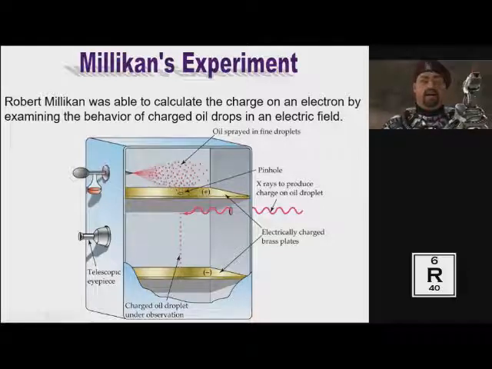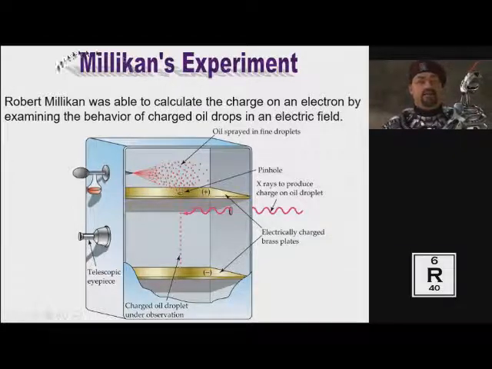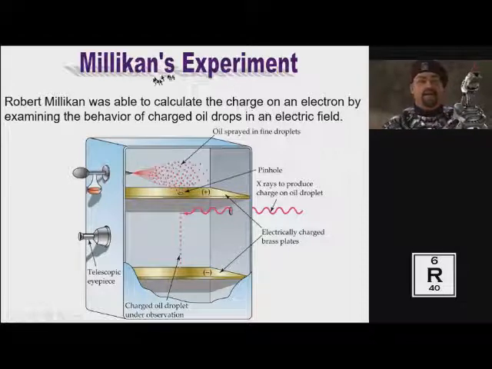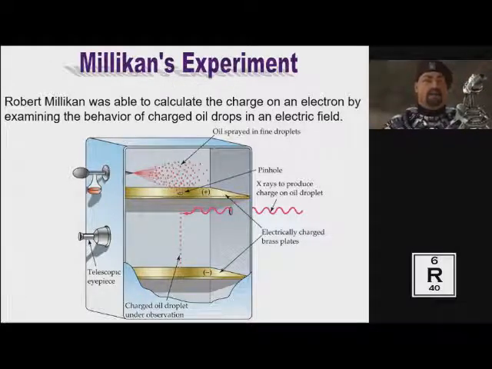What I would take away from here is J.J. Thomson comes up with the idea that an atom has electrons, and Millikan calculates the actual charge of an electron. So now that we know that there are electrons, we're doing experiments to test and understand these electrons, and so Millikan figures out the charge of the electrons. So he's going one step further. All of these ideas keep building on each other.